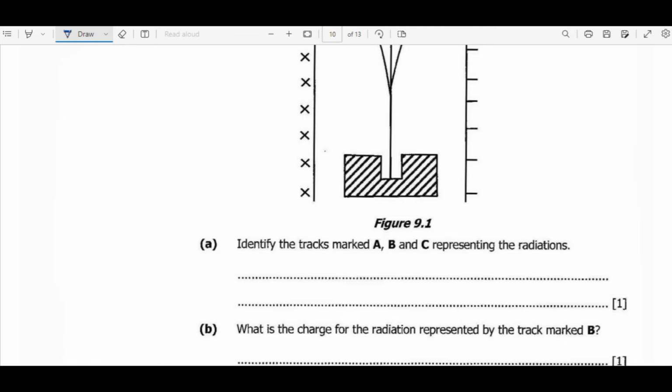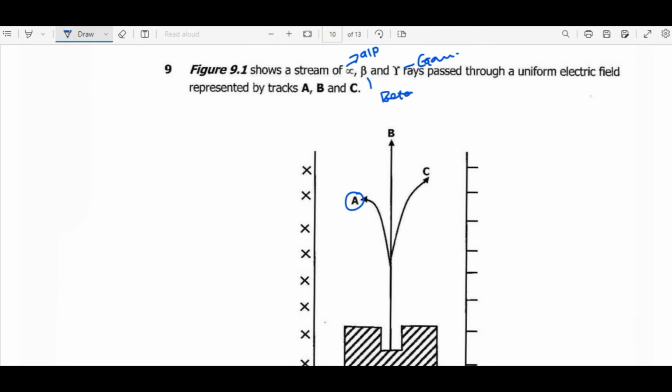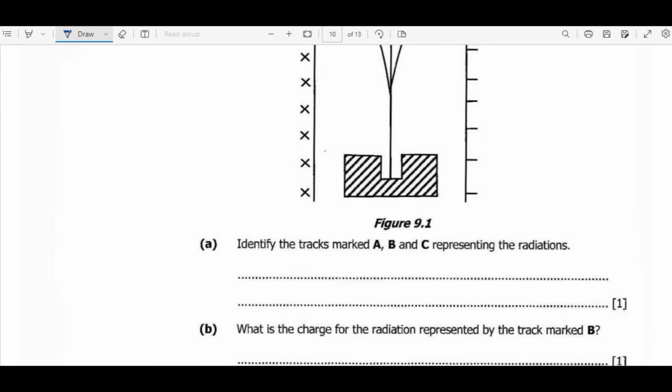Identify the track marked A. A is deflected toward the positive terminal. So if this is deflected toward the positive, its nature must be negative. So A is beta.